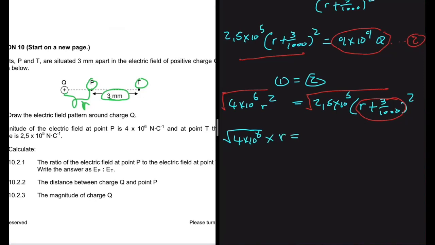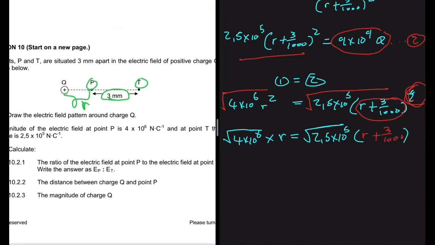And then on the right hand side, we're going to have the square root of 2.5 times 10 to the power of 5. And then this square here that I'm circling right now is going to fall off, right? Because we're taking the square root. So we're just going to have r plus 3 divided by 1000. And then we don't have the square root anymore, right?